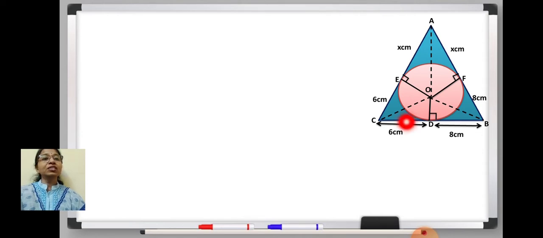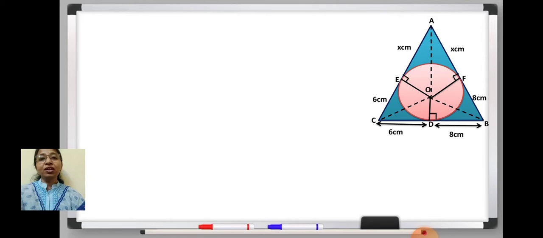The addition of these three triangles is nothing but the bigger triangle ABC. So you will get the area of the same triangle ABC in two different ways, and finally we will equate both the areas, because they are the areas of the same triangle. Then we'll solve to get the value of the unknown x, and finally the lengths of the two sides AC and AB. So let us proceed.